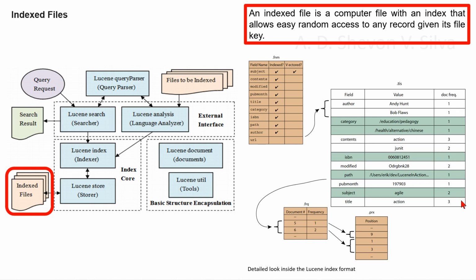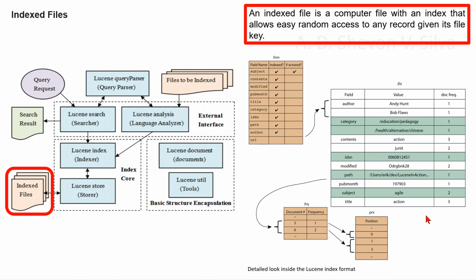This figure shows only a sampling of the terms in our index, one or more from each field. Not shown is the .tii file, which is a cross-section of the .tis file designed to be kept in physical memory for random access to the .tis file.